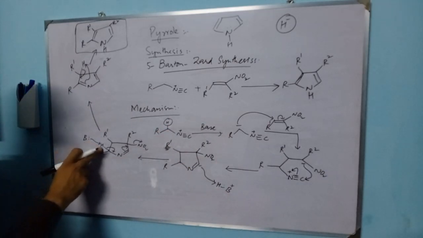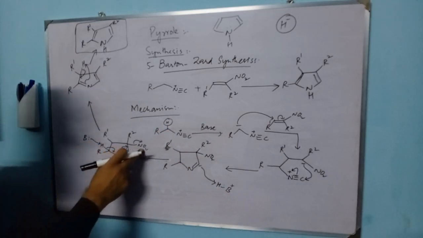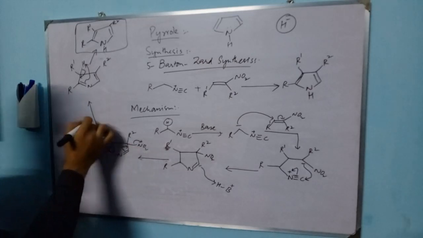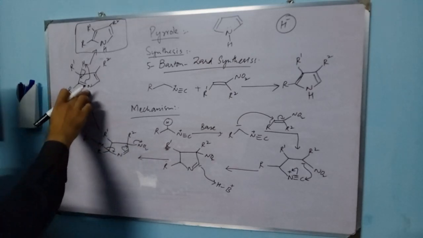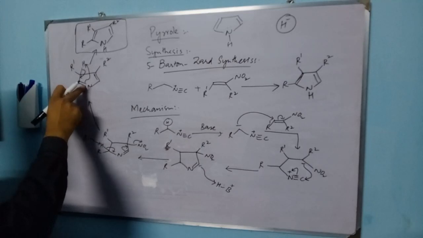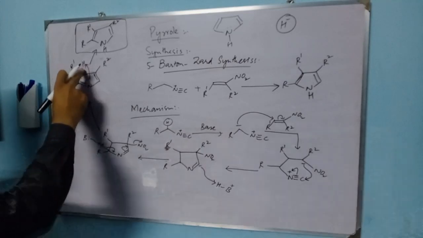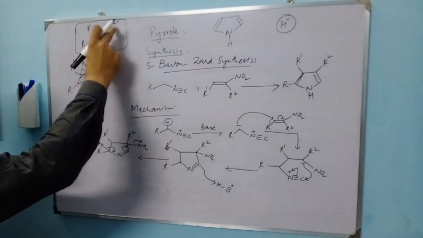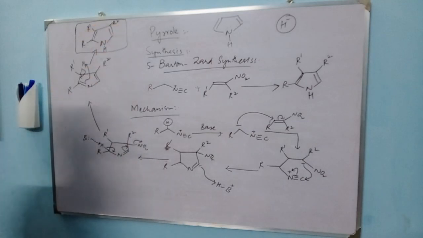Here base took this proton and as a result nitro group was eliminated, and in the next step this nitrogen took this proton and as a result of this we got pyrrole derivative.